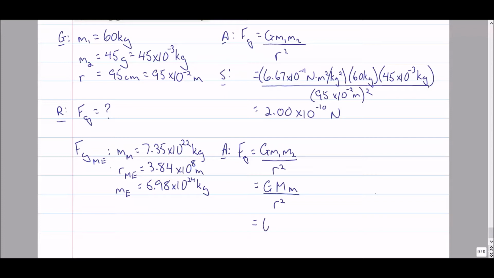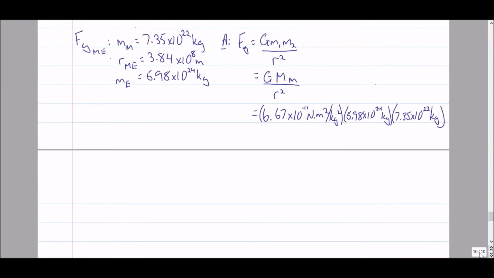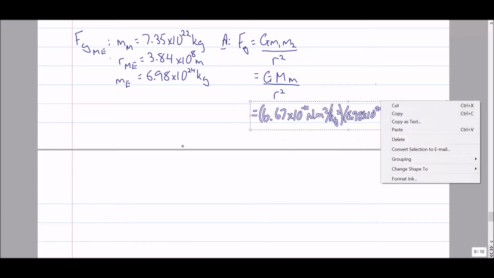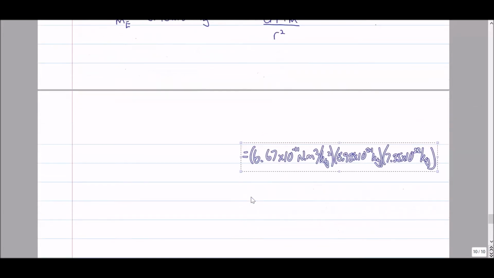So now we can put in 6.67 times 10 to the power of minus 11 newton meters squared per kilogram squared. I'm going to multiply this by 5.98 times 10 to the power of 24 kilograms, and multiply that again by the mass of the moon, 7.35 times 10 to the power of 22 kilograms. I'm running out of space, so let me bring these numbers down here so that we're working on the same line.